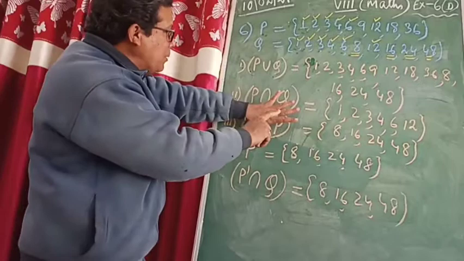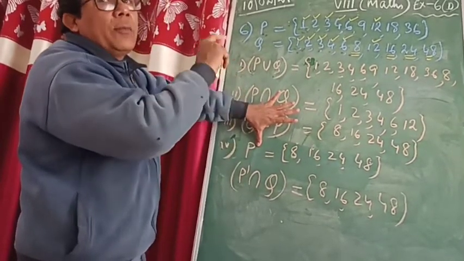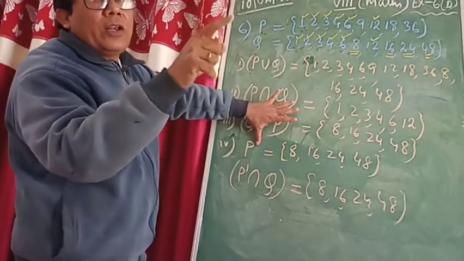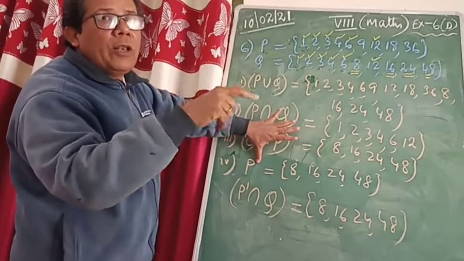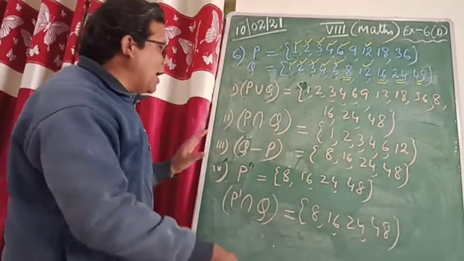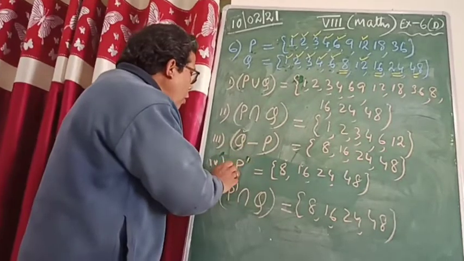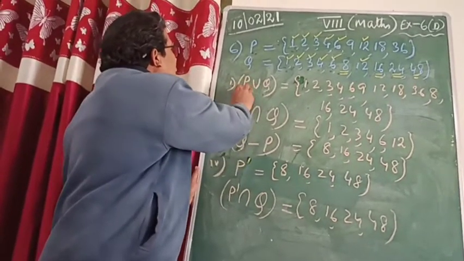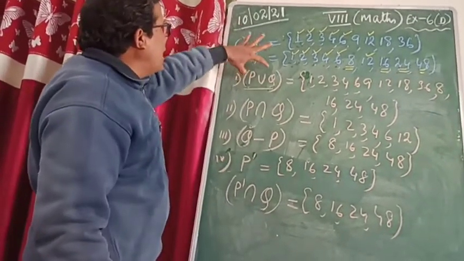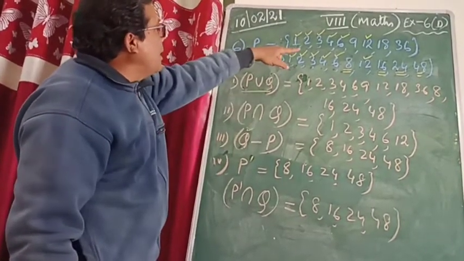Whatever elements are present in set P, except those, the remaining elements present in the universal set will be the elements of P complement. On the other hand, if the universal set is not given, then you always compare with the union, P union Q. Whatever sets are there, you take their union.